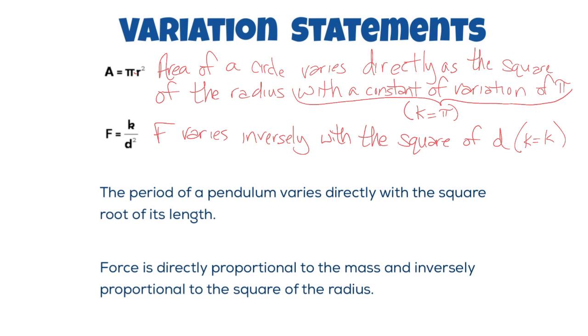All right, so in these scenarios, I'm giving you the formula, you're writing the variation statement. Now let's go the other way. What if I give you the variation statement? Can you write the formula? I'm going to have you go ahead and just do this first one for me.